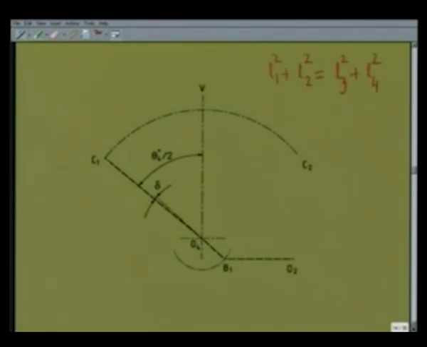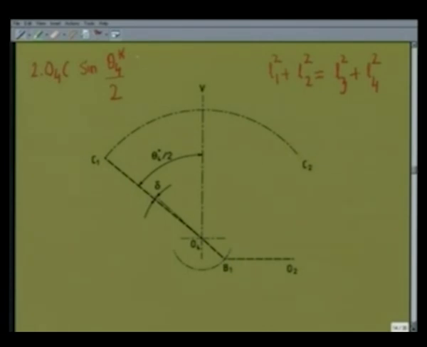Now the width C1, C2, we can easily see it is 2 times O4C into sine of the angle theta 4 star by 2, because this angle is theta 4 star by 2. So this horizontal distance is O4C sine theta 4 star by 2. Twice of that is the width of the field of wiping.